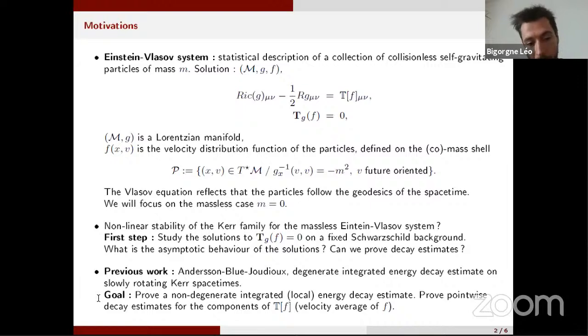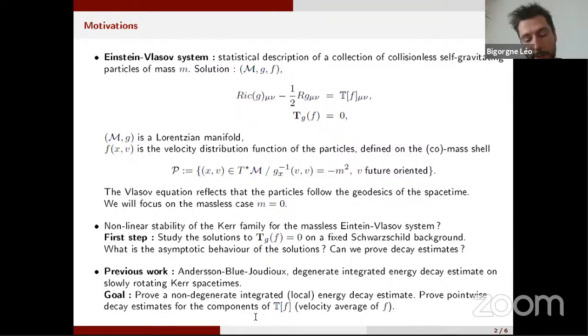So one of my goals was to prove on Schwarzschild an estimate which gives a good control of the solution near the event horizon and near the trapped null geodesics. And moreover, I wanted to prove decay estimates for the components of the energy momentum tensor of the Vlasov field, which is something that they did not obtain.